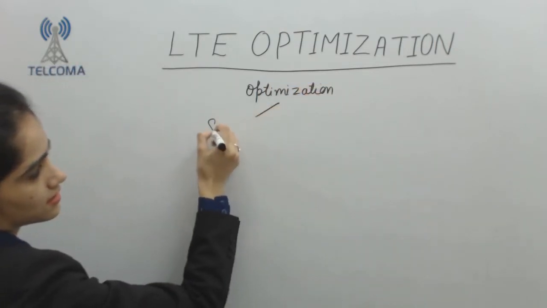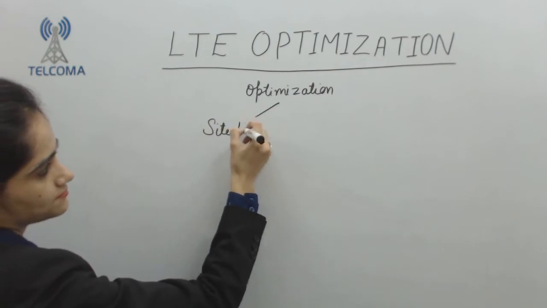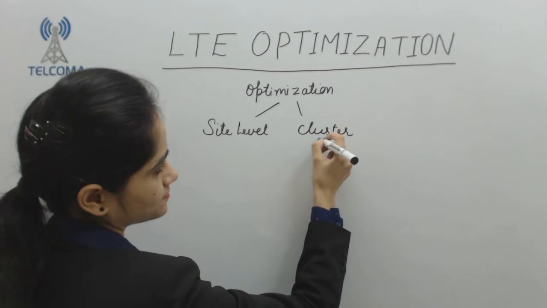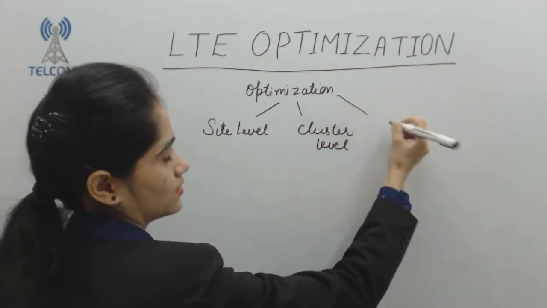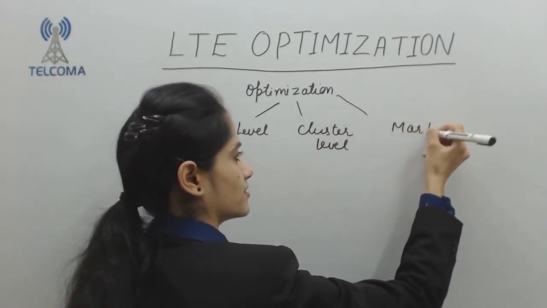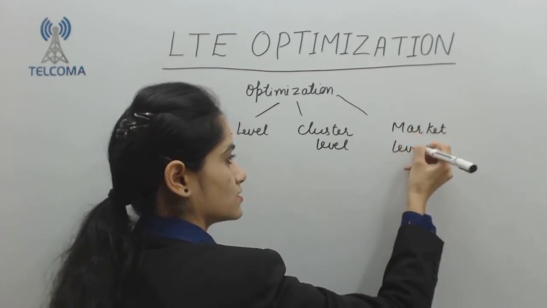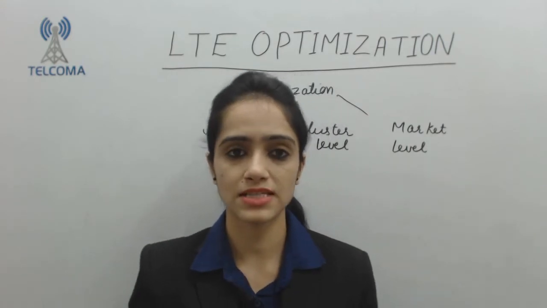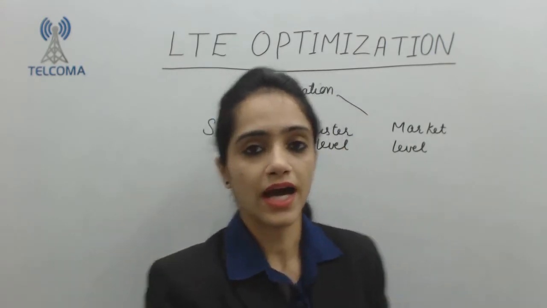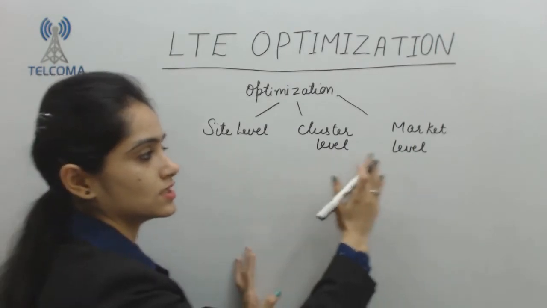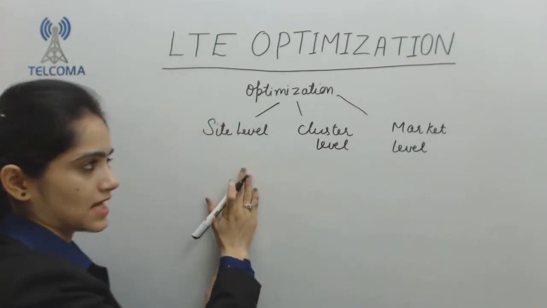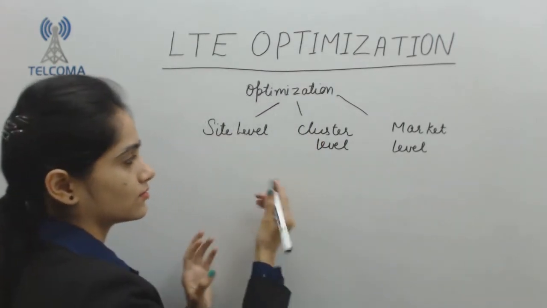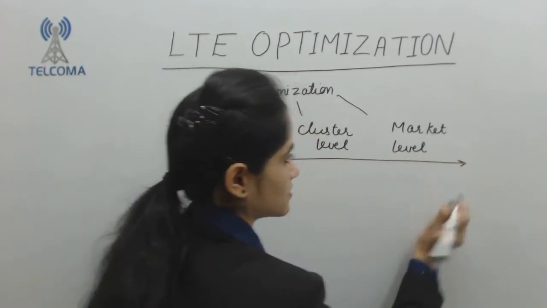We have site level optimization, cluster level optimization, and market level optimization. So for the optimization process, and to find out the key performance indicator of each and everything, we have divided the optimization process into three levels: site level, cluster level and market level. And you know that the size of the cell will go on increasing.